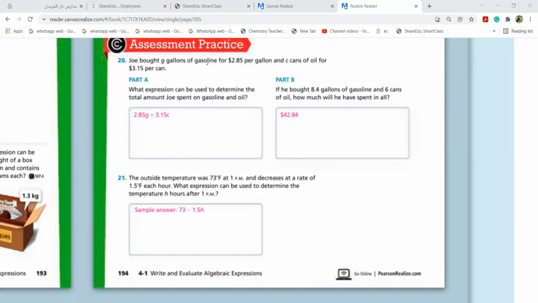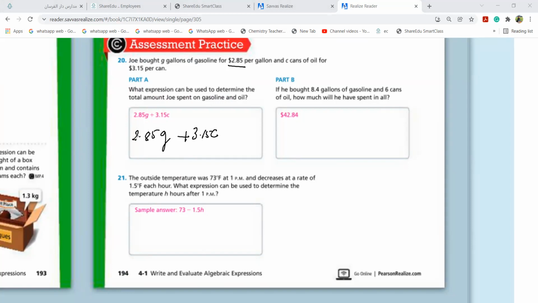Joe bought G gallons of gasoline for 2.85. So of course, you know that you write 2.85G, because G is gallons of gasoline, okay? And means plus, C cans, and how much is each can? 3.15. Any questions?